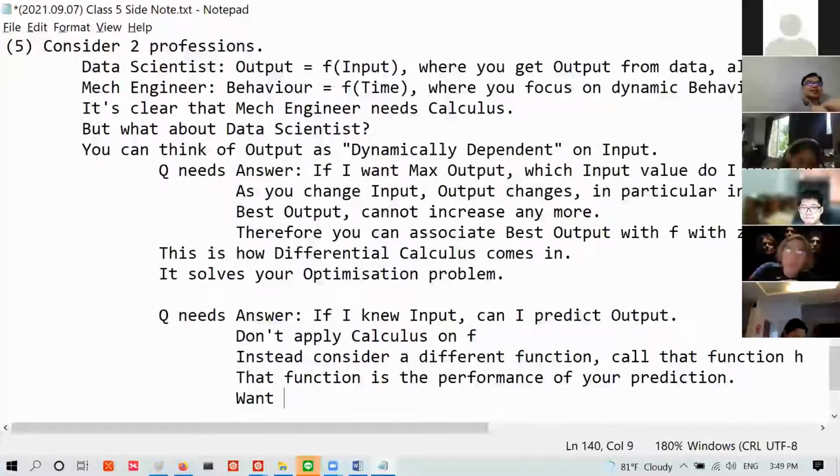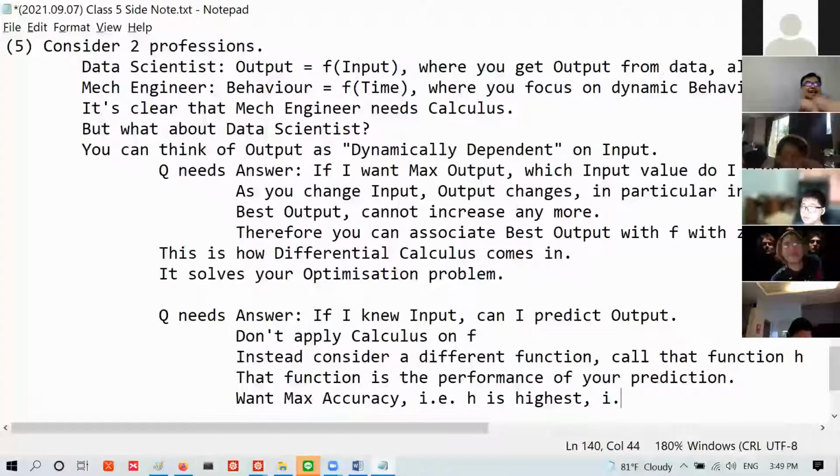You want the maximum accuracy, i.e., h is highest, i.e., zero slope.